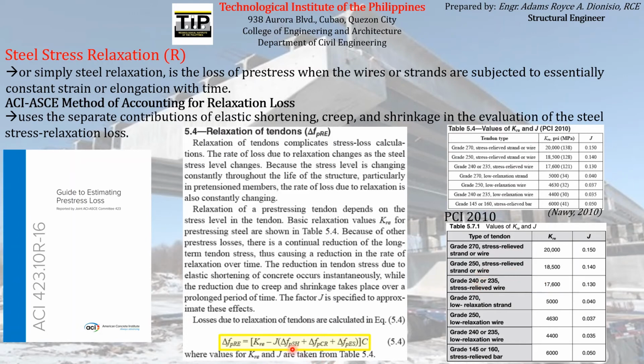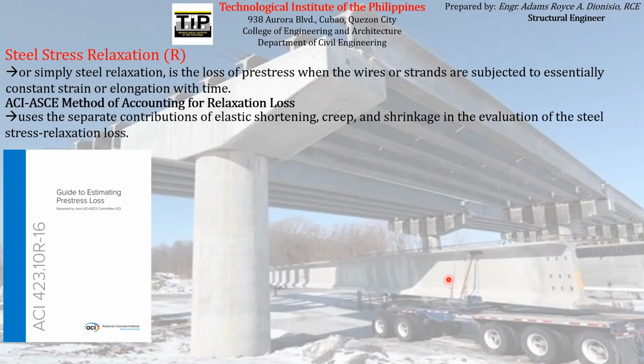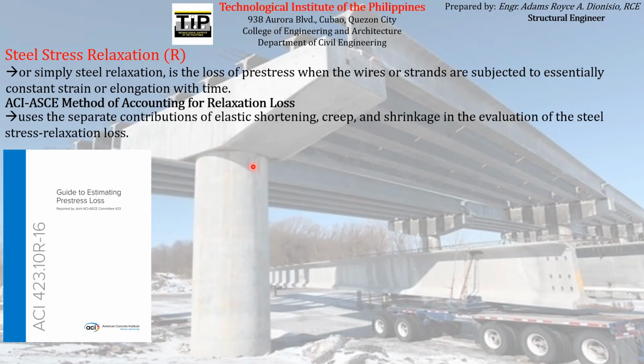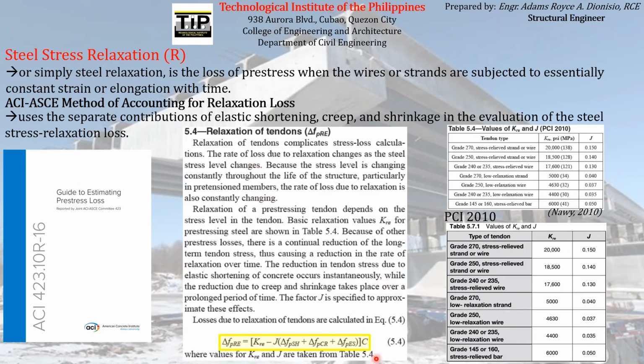So you can see here that the pre-stress loss due to steel stress relaxation is a function of the shrinkage loss, creep loss, and elastic shortening loss of pre-stress. For the value of C, if you notice, there is a C here.